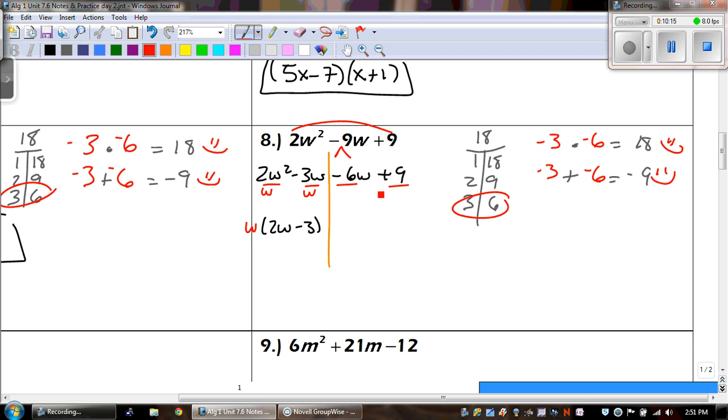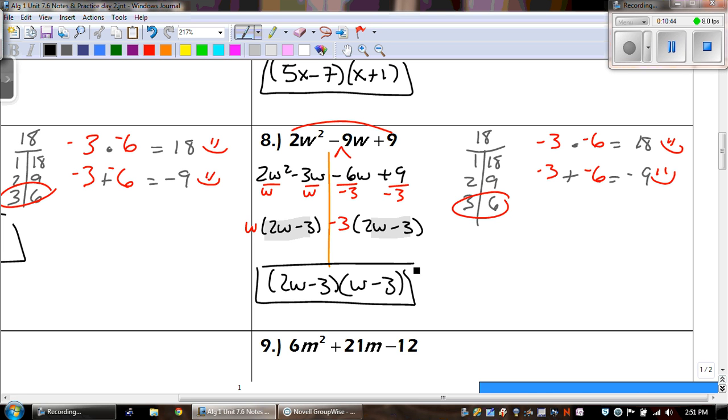And then on the back, my leading coefficient is negative, which means I can take out a negative. And I would take out a negative 3. And then we're left with 2w minus 3. Okay? Right there shows that we did the problem right. And so my final answer is 2w minus 3, w minus 3. Okay, so remember the shortcut only works when your leading coefficient is equal to 1.